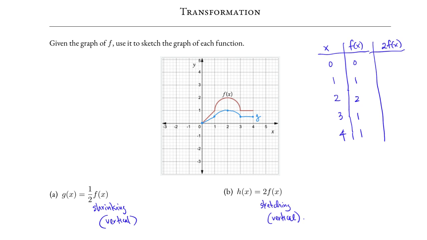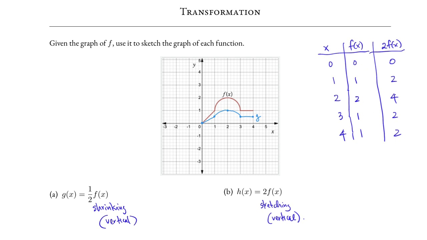And so if we take h equals 2 f of x and graph it, then we would double the y value of the function f. So to double it, we get 0, 2, 4, 2, 2. We double the y values of the function f here.